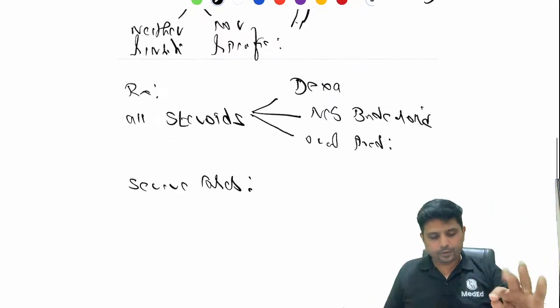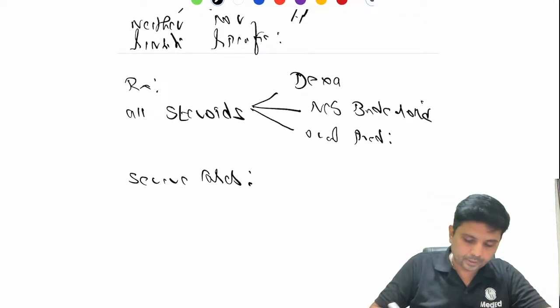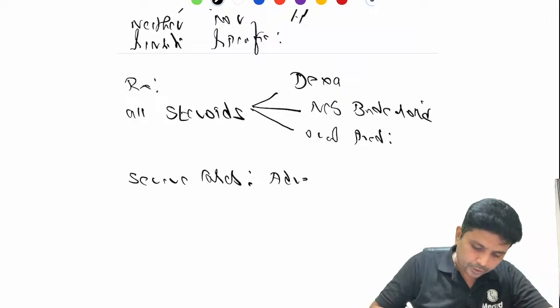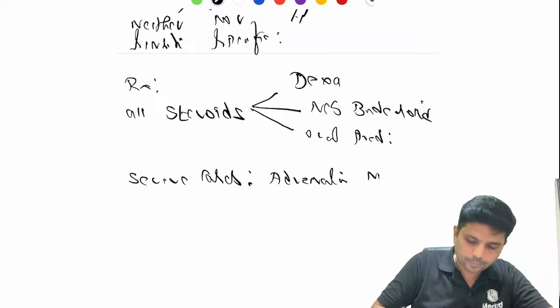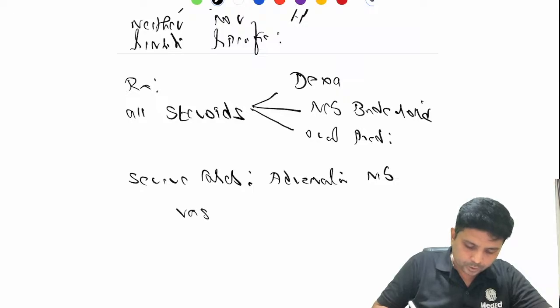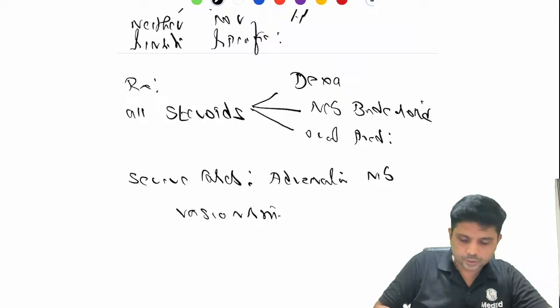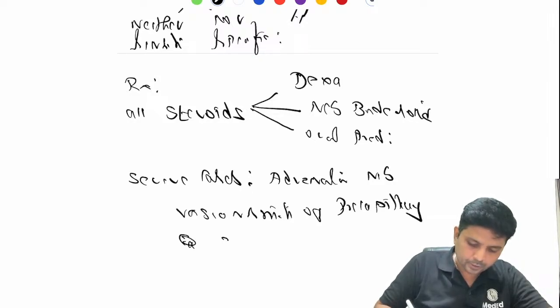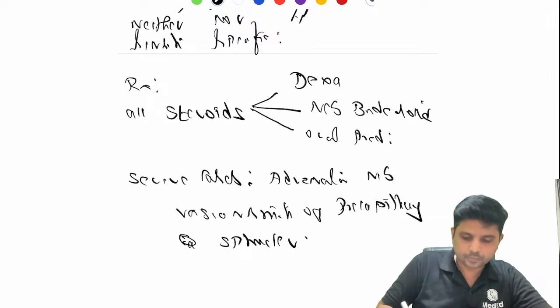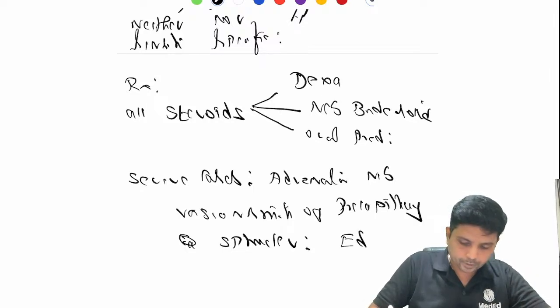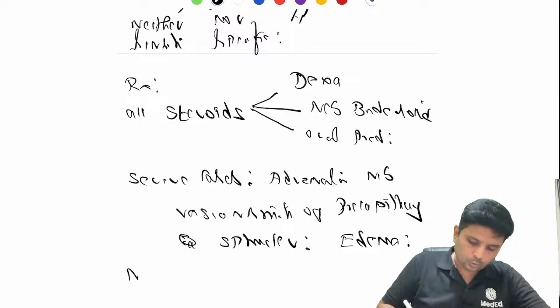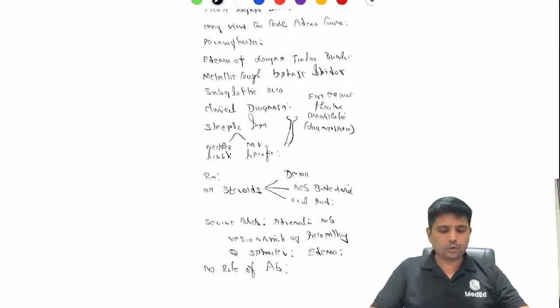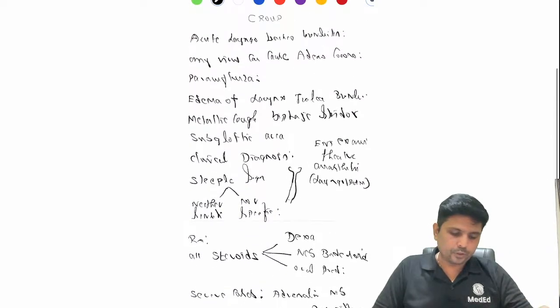Severe cases often require adrenaline nebulization, which causes vasoconstriction of the precapillary sphincter, thereby reducing edema. No role of antibiotics. So this is croup.